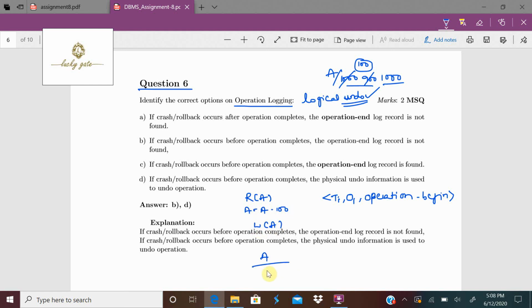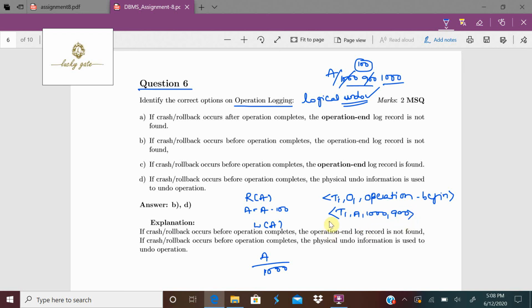Suppose the value of A is 1000. Before it performs the write operation, it requires writing a physical log record: T1, A, old value of A is 1000, change it to new value 900.